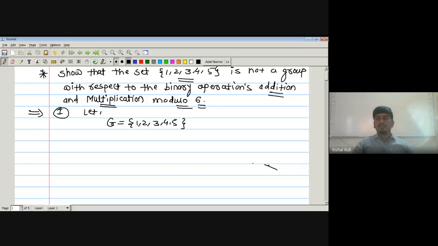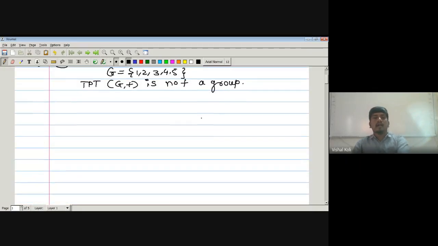So to prove that G with binary operation addition is not a group, as the set contains a finite number of elements, we will first find out its composition table.